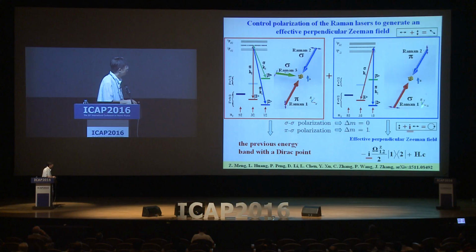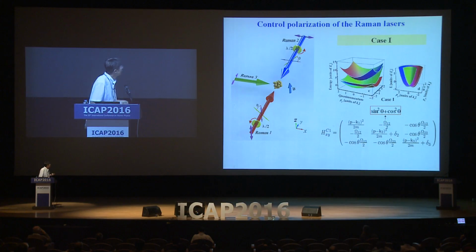However, for Raman laser 1, it requires the vertical and horizontal superposed into circular polarization. So we can generate this effective perpendicular Zeeman field. Okay, we know this scheme.